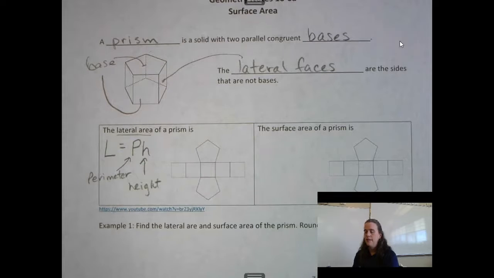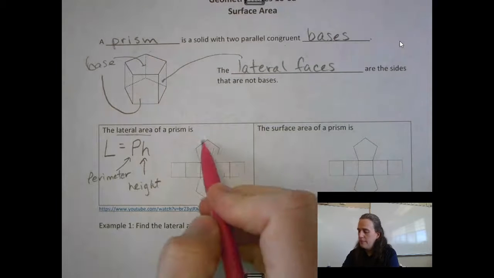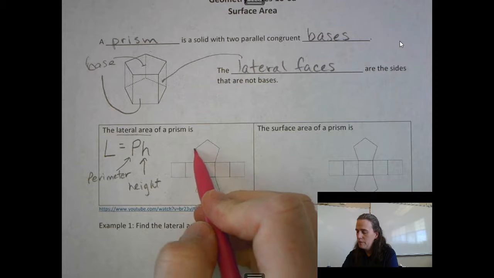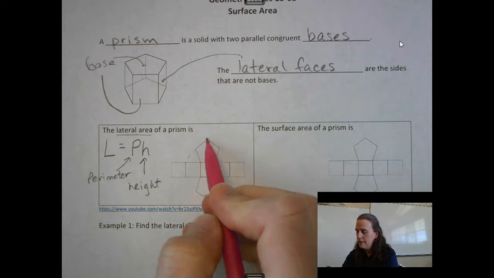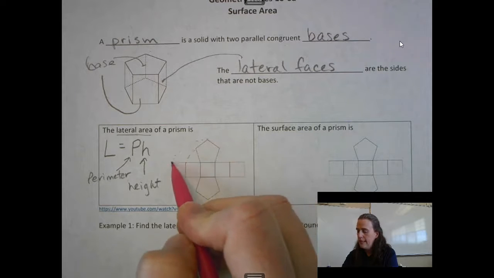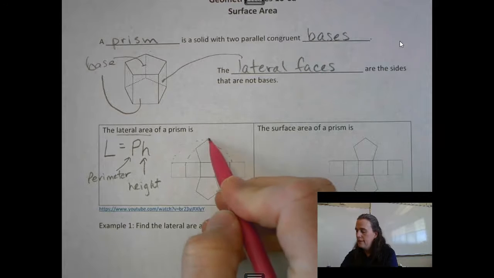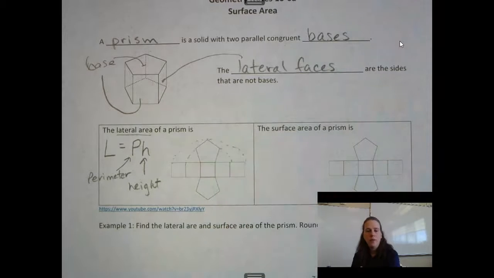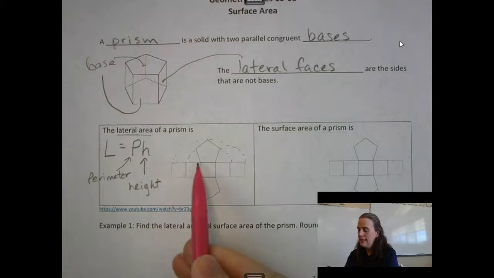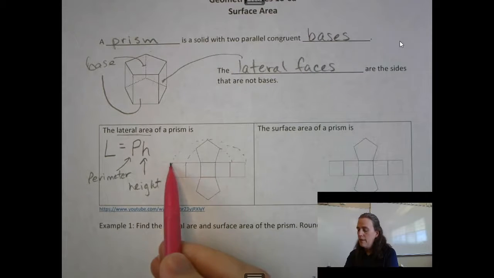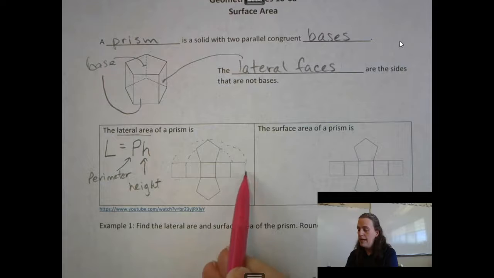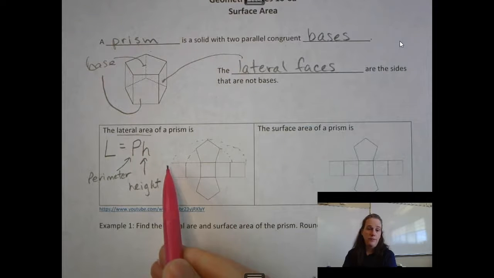Height, the height. So if we took the perimeter of this pentagon, and remember this piece would head down here, what we end up with is that the perimeter is the same distance as across the top of this rectangle that we made out of the lateral faces.